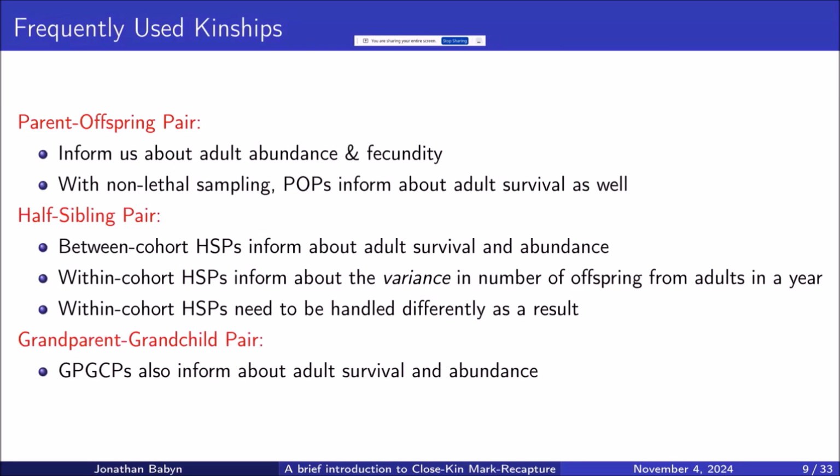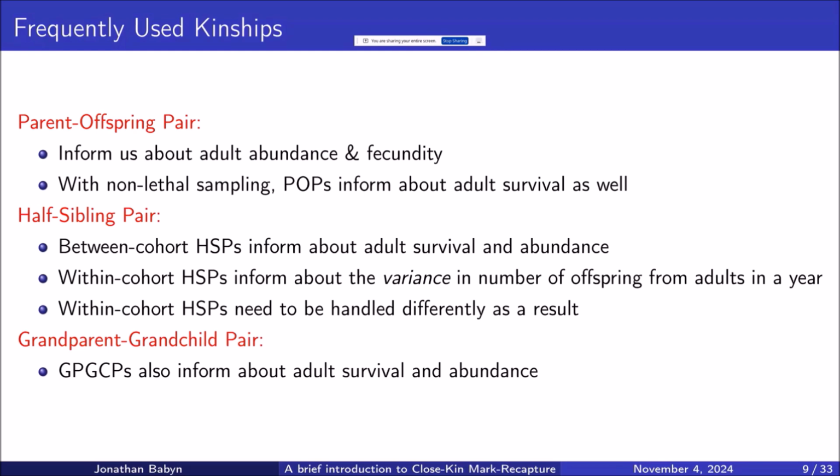With Close-Kin Mark-Recapture, the three most commonly used kinship types right now are parent-offspring pairs, half-sibling pairs, and grandparent-grandchild pairs.